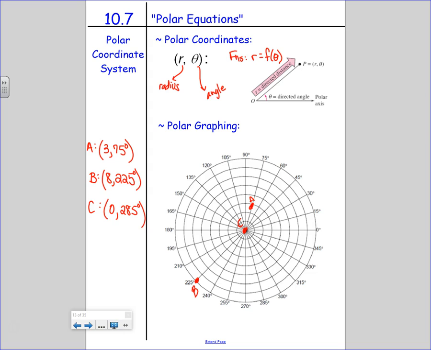Interesting. What if I was to tell you to graph -3, 150 degrees? Start at the pole, facing, from your perspective, due east.